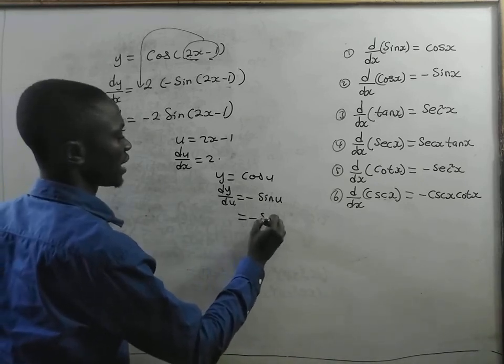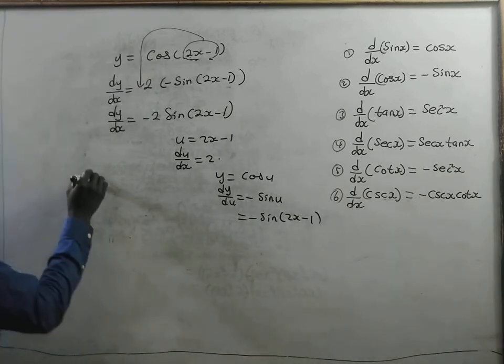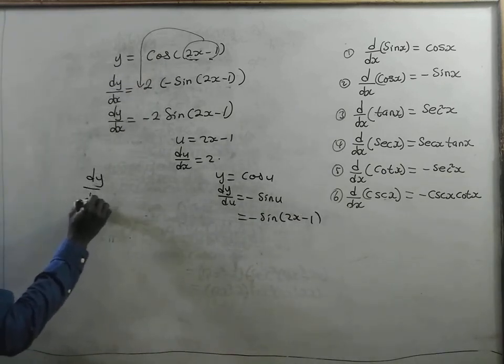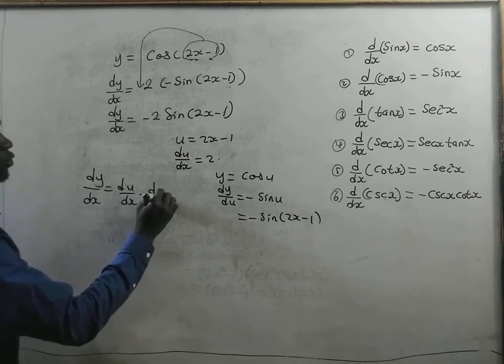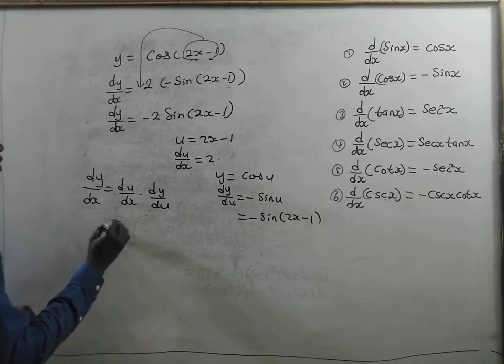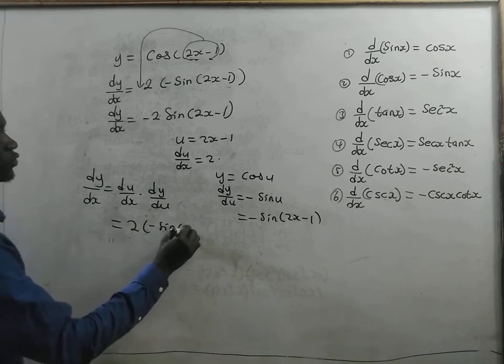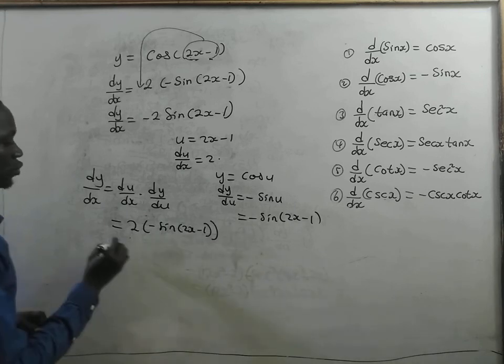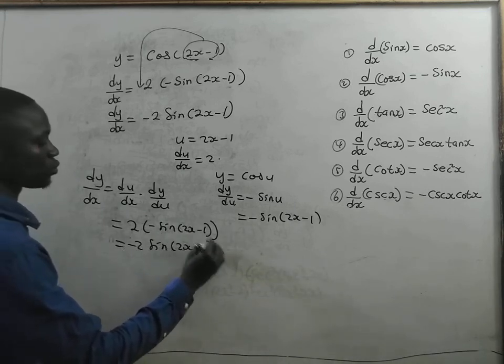We get negative sine of 2x minus 1. So the derivative of y with respect to x is equal to the derivative of u with respect to x times the derivative of y with respect to u. And this will give us 2 times minus sine of 2x minus 1. This is equal to minus 2 sine of 2x minus 1.